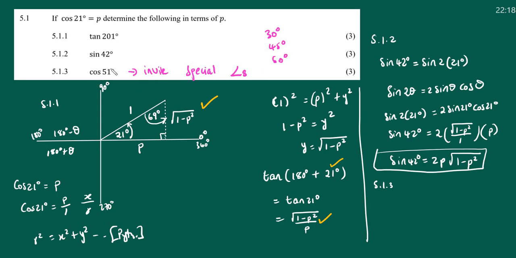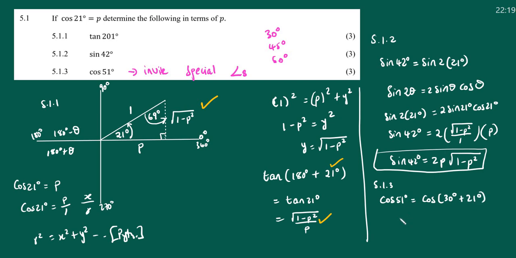So which one can give us 51 combined with one of these? You can say 51 minus 30. What does it give you? 21. Then you're okay. So I can rewrite cos 51 degrees as cos of 30 degrees, which is a special angle, plus 21 degrees.